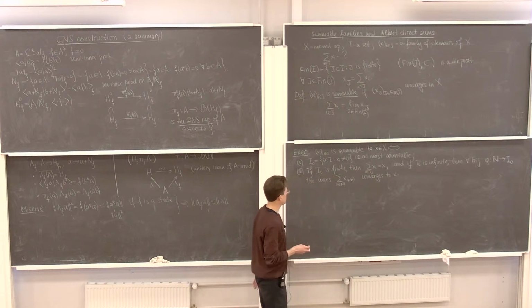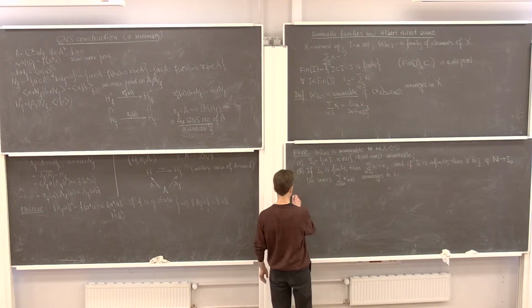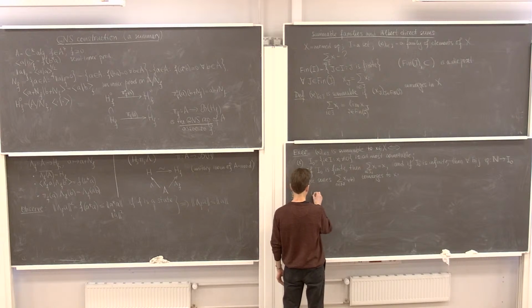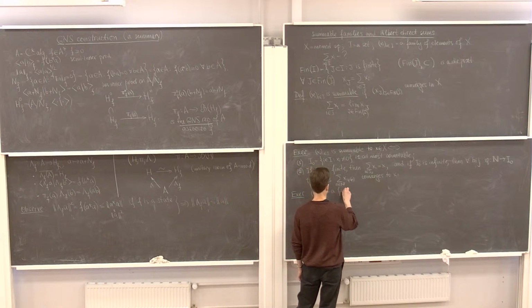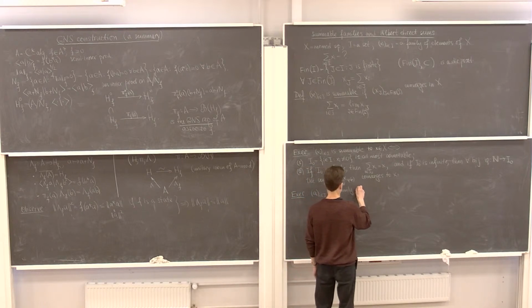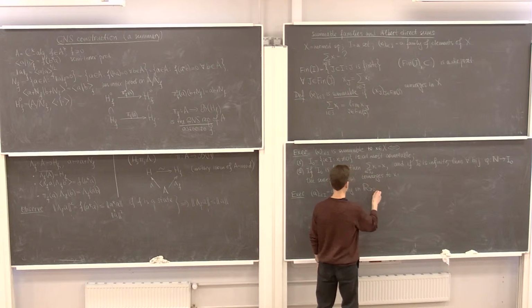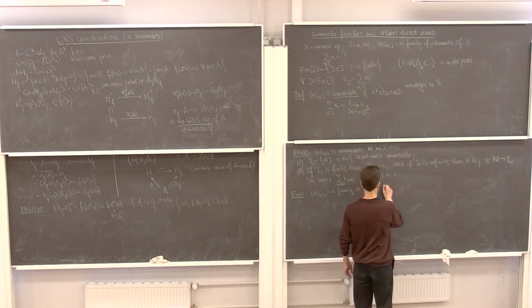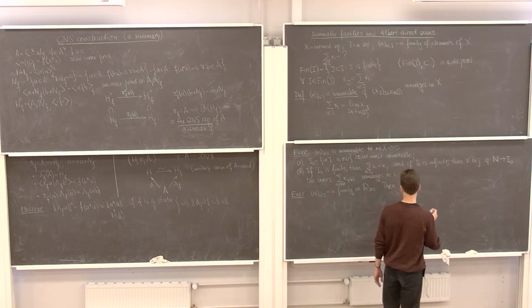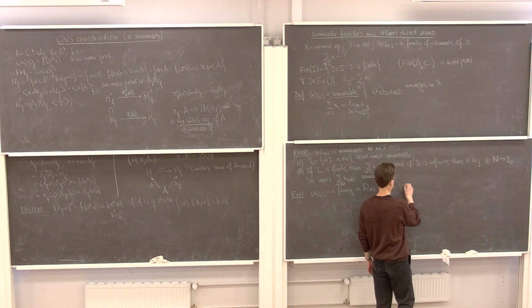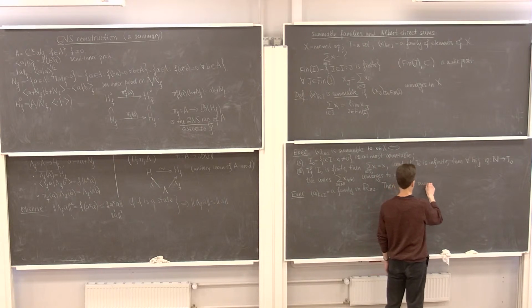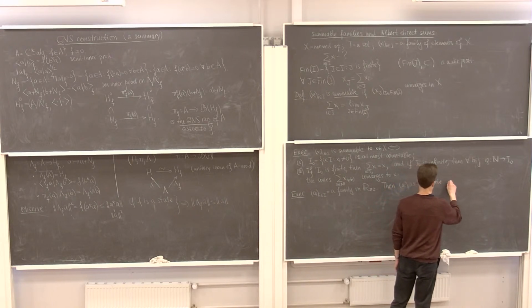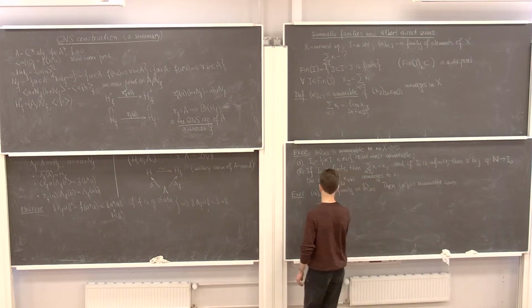In the case where our family consists of non-negative numbers, the summability condition can be simplified. This is also a rather simple exercise. Suppose that, say, ai is a family of non-negative real numbers. Then I claim that this family is summable if and only if the following supremum is finite.